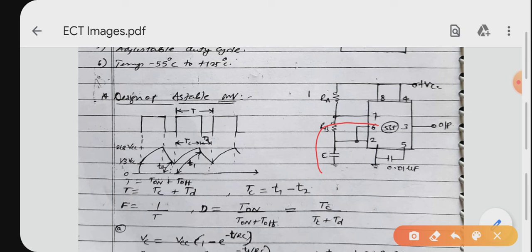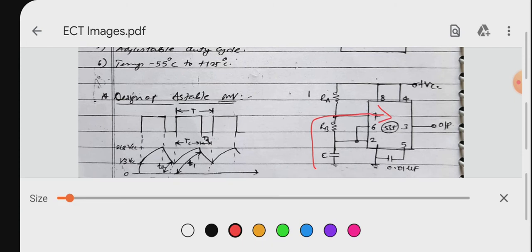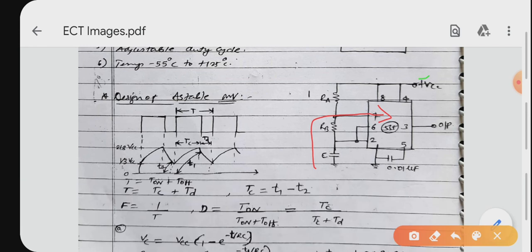The charging path for this capacitor is through VCC, RA, RB and C, whereas the discharge path is shown by red arrow and charging path is shown by green arrow.